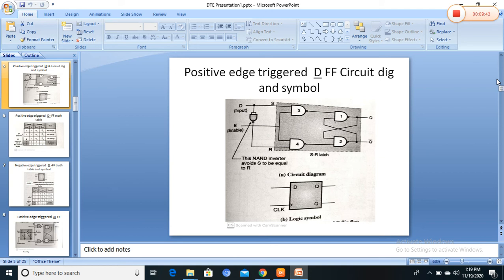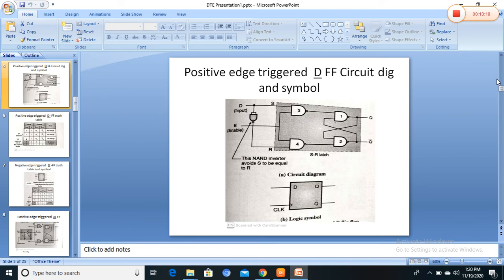So S is equal to 1 and R is equal to 0, because the NAND gate inverts D. So the flip-flop will change its output, that is Q is equal to 1 and Q bar is equal to 0. That condition is called the set condition.